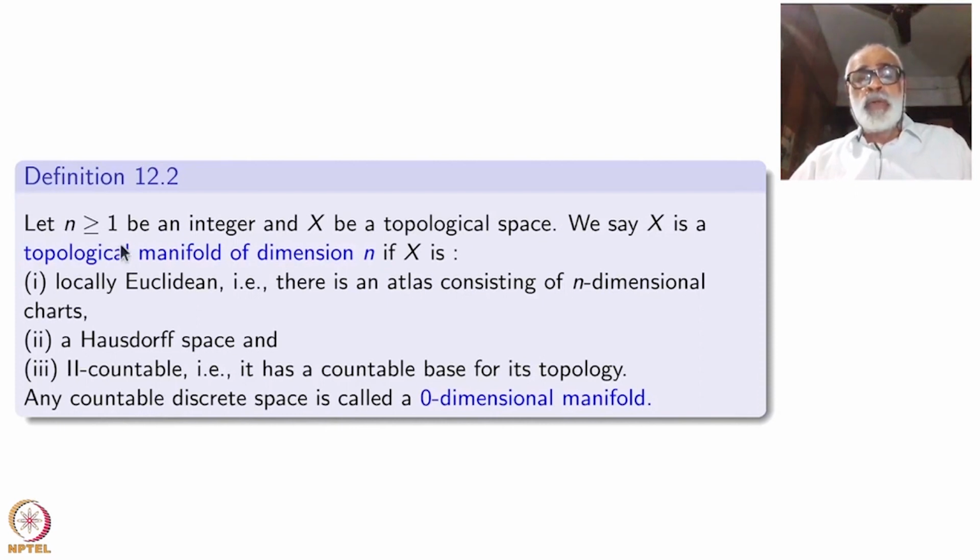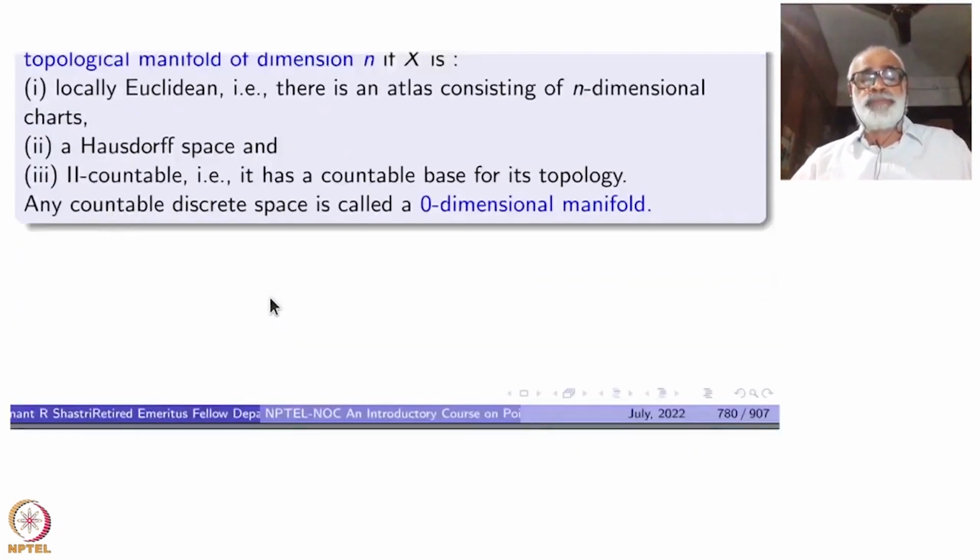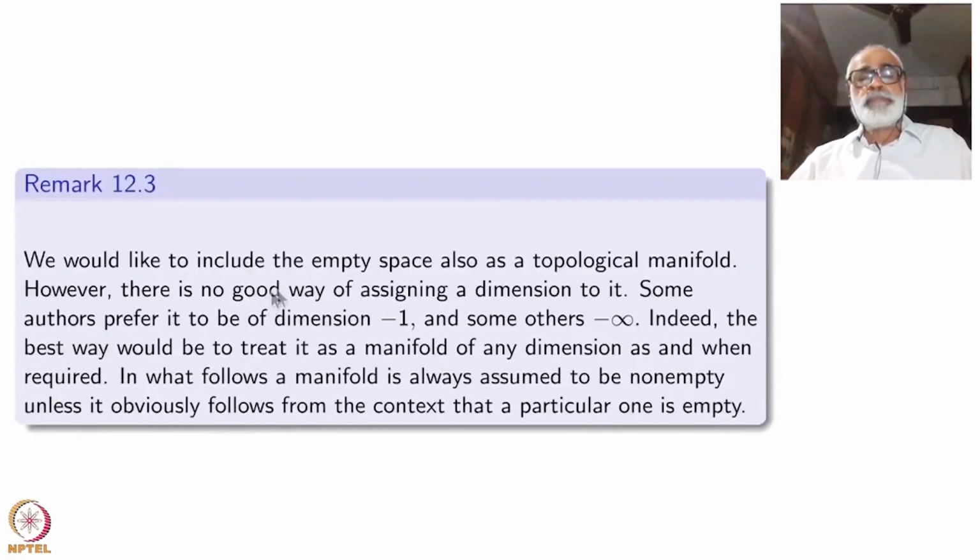Okay, and n equal to -1 is covered if you want, namely when X is the empty set. Now that is allowed. We would like to include the empty space also as a topological manifold. However, there is no good way of assigning a dimension to it. Some authors prefer it to be dimension -1, just like in our dimension theory, and some others put it as -infinity.